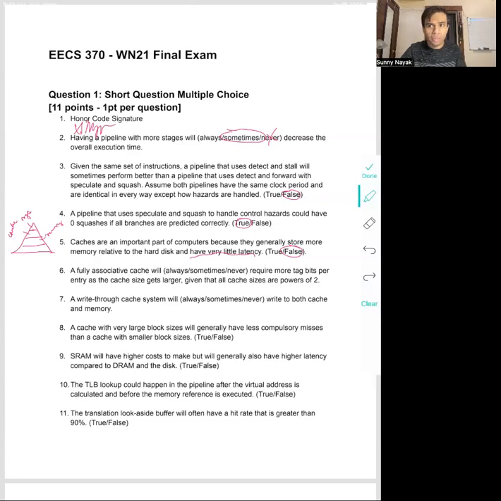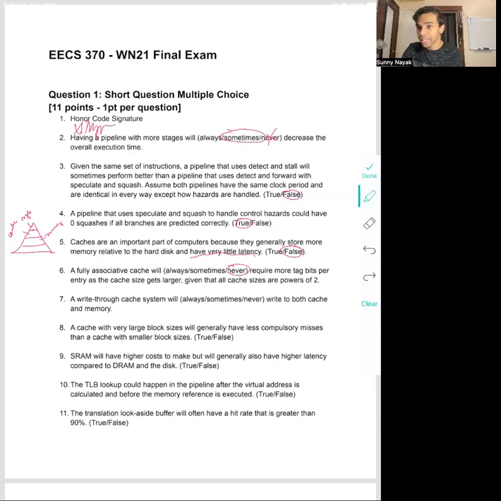But as far as I know, every other part of a cache entry is going to be a static number of overhead bits plus the tag bits, right? So the answer to this is going to be never, because growing the number of entries doesn't affect tag bits.